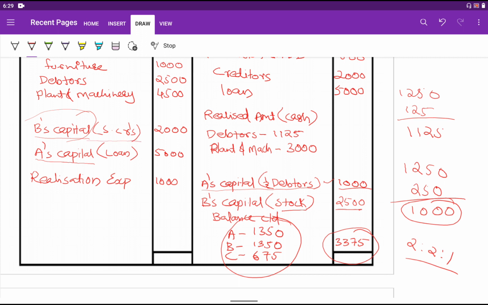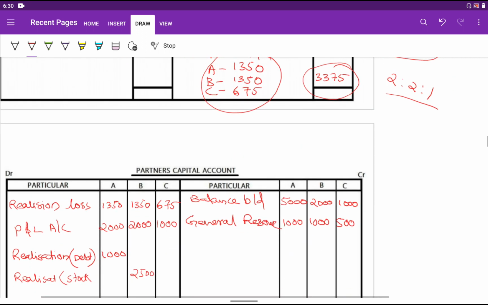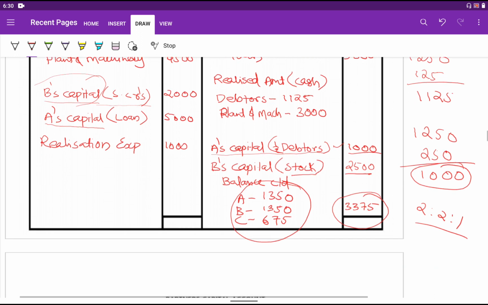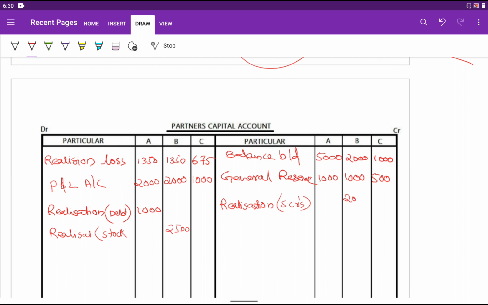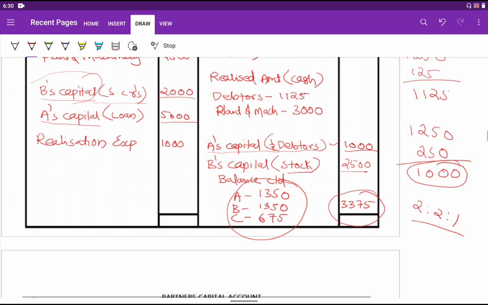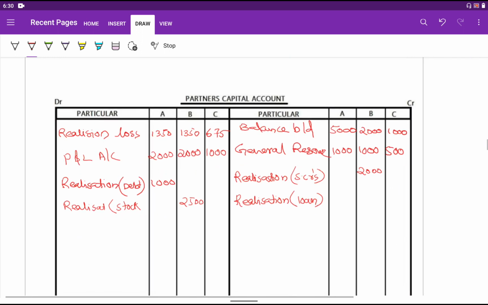So 2000 is coming in realization, on the debit side, so we can write on the credit side: realization, bracket sundry creditors, 2000 for B. After that, A's capital loan of 5000 is coming, so realization, bracket loan, in A's column 5000.